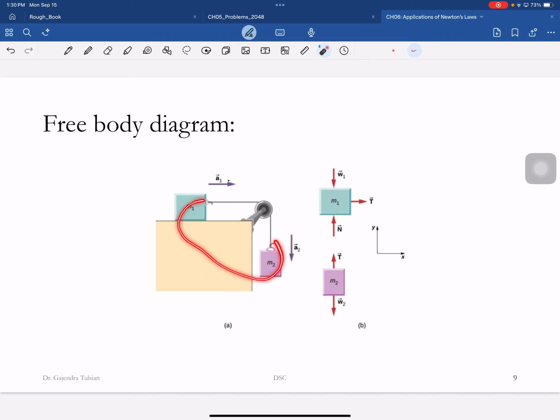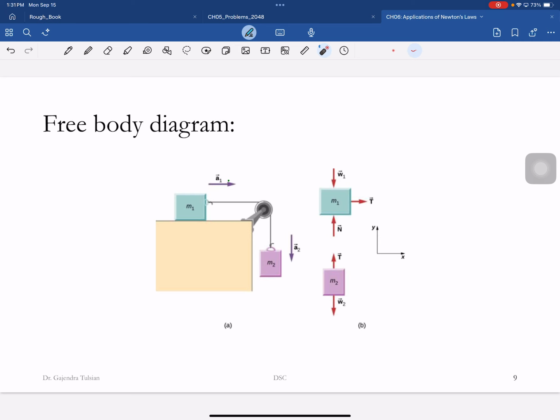So here's a composite object. What do Newton's laws apply to? Every object. So if you have a composite system, Newton's laws apply to each object. For now, we'll consider pulley systems where they're massless and frictionless.